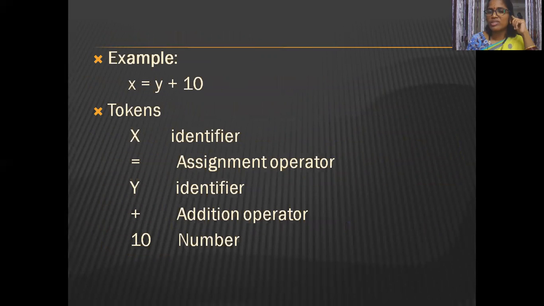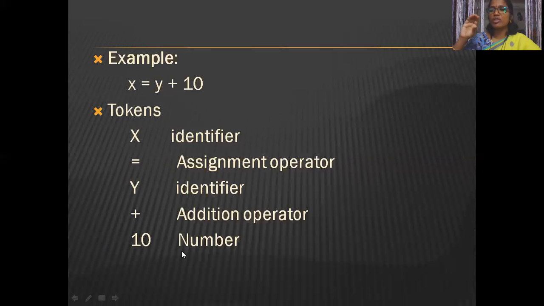So this is an example. Suppose an instruction is given as x = y + 10. Here you have two variables, x and y, which are identified with names, so they are called identifiers. Your instruction is divided into lexemes. So what are the lexemes you have? x is an identifier, = is an assignment operator because the sum of y and 10 is assigned to x. y is an identifier, + is an addition operator, and 10 is a number.